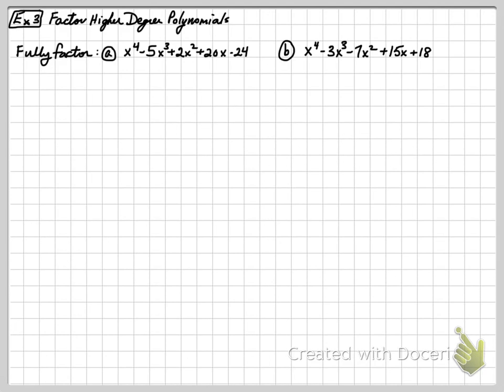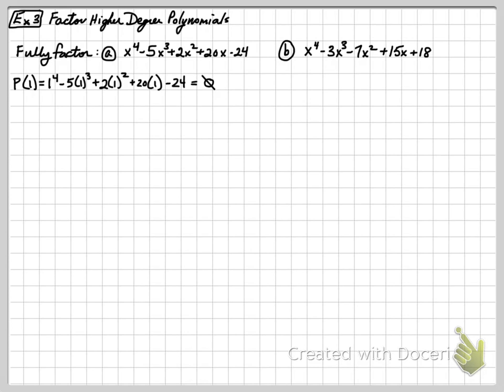Factor higher degree polynomials. Let's factor x to the 4th now, minus 5x cubed plus 2x squared plus 20x minus 24. So we're going to have to find factors of -24. Well, we can start with +1 and -1.